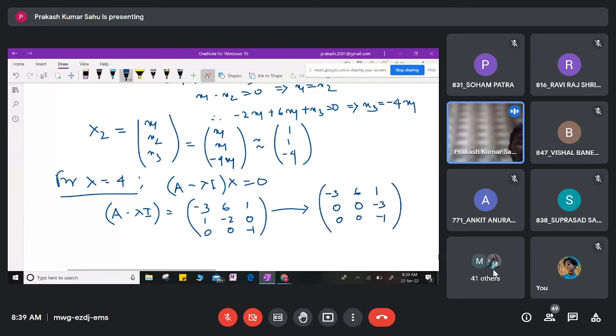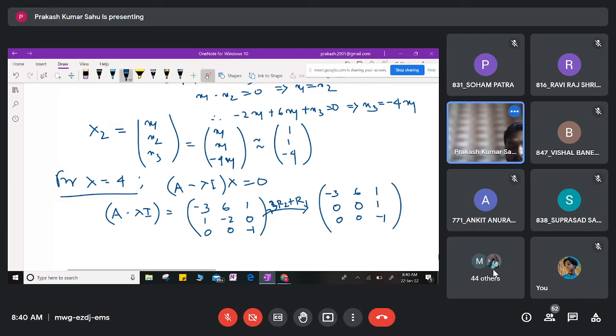and your operation is what? Your operation is, this is your R2, 3R2 plus R1, तो 3R2 प्लस R1 होने से ये 0 हो जाएगा, प्लस R1 होने से ये सॉरी -3 नहीं है 1 होगा, सॉरी this will be 1. Is it correct?